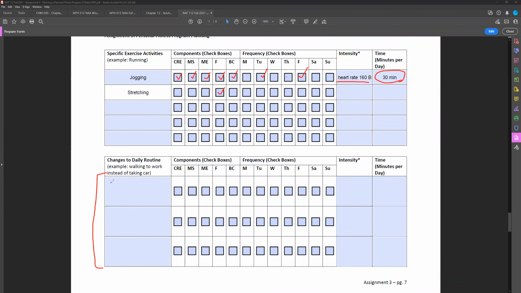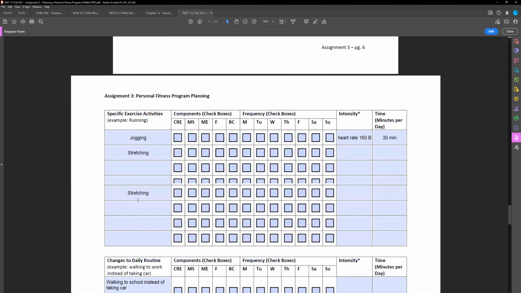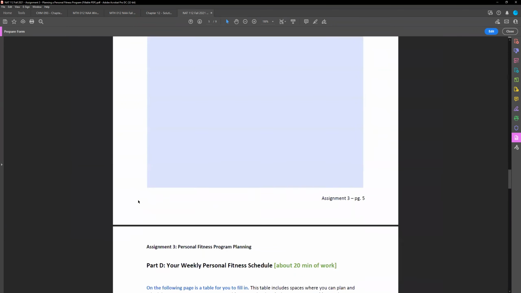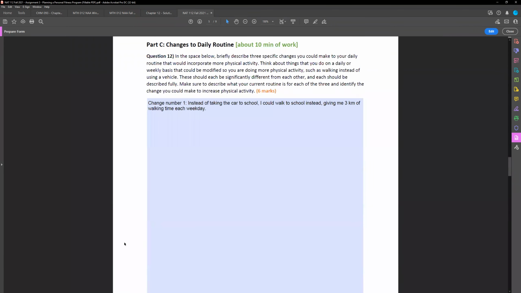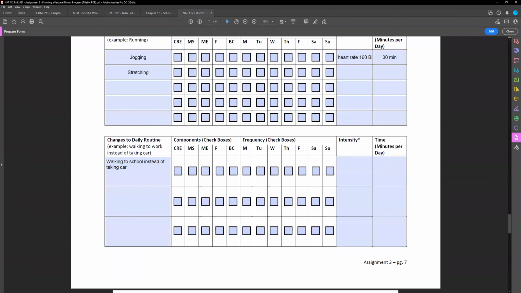So that you can say, for example, walking instead of taking car, which is what I use as one of my examples, walking to school instead of taking car. You don't have to describe the whole thing in here because you've already described it in detail here. But this is to get you acknowledging what amount of effort you're doing on each day.